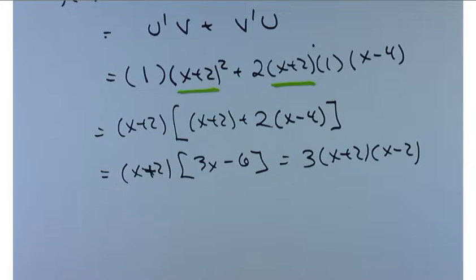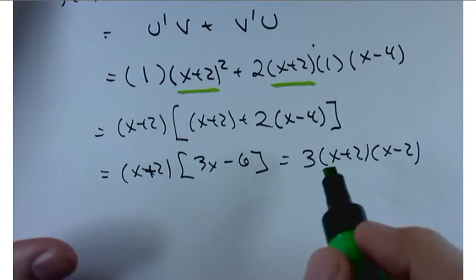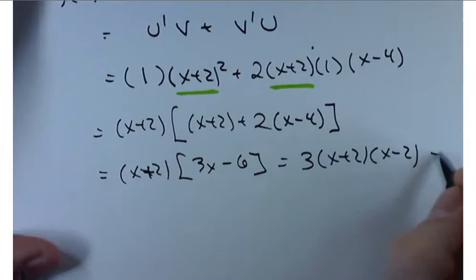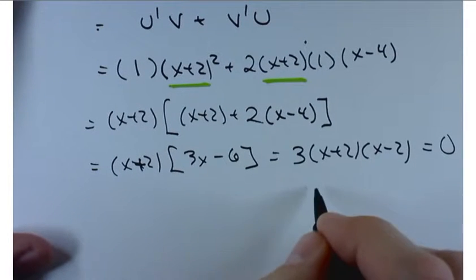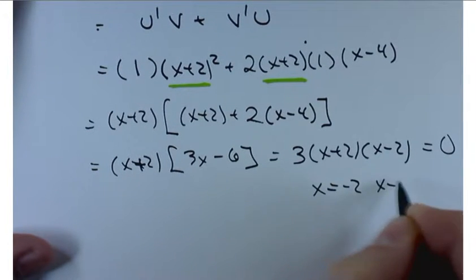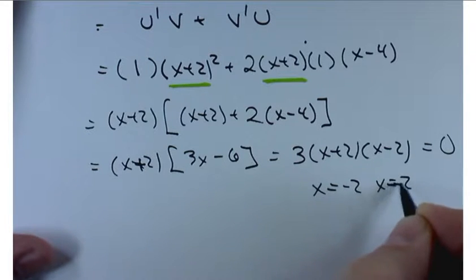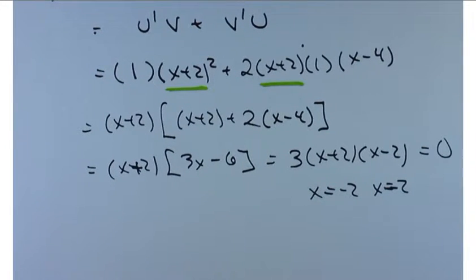So you can now see where this is equal to 0. It's at x equals negative 2 and x equals positive 2. So there's your solution. Those are the 2 points guaranteed by Rolle's theorem, places where the derivative is 0.